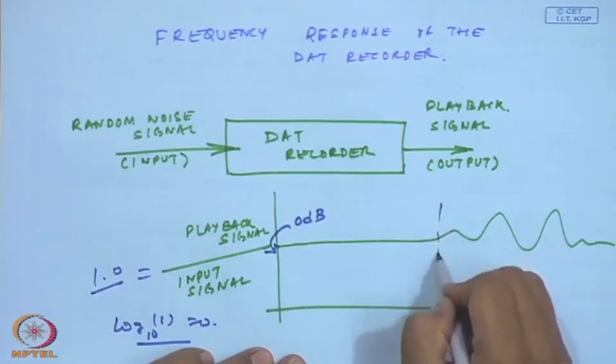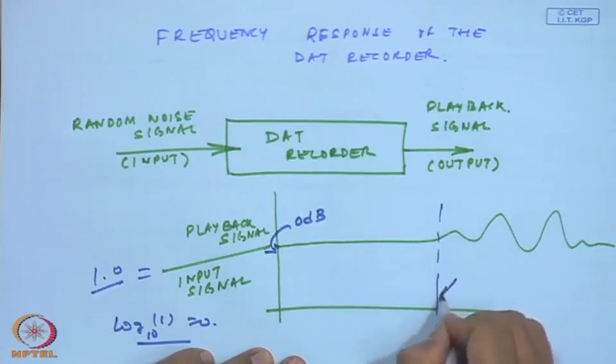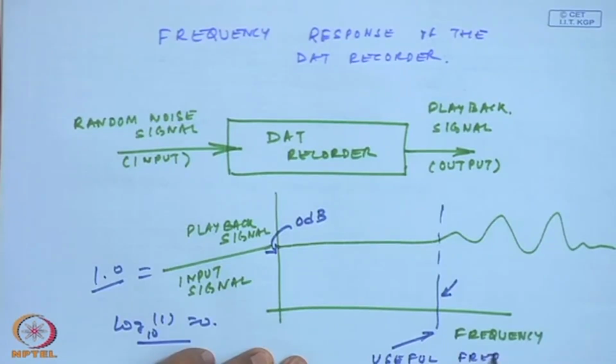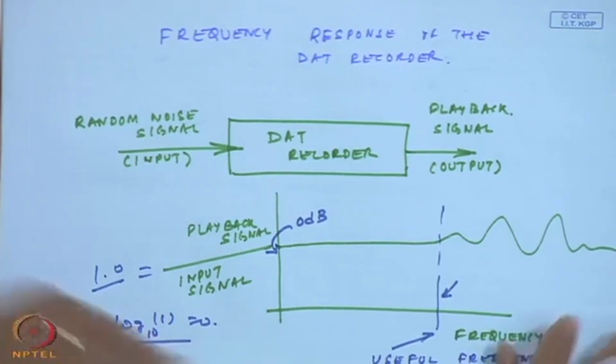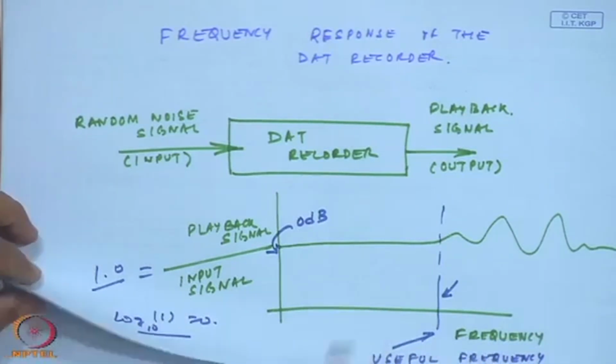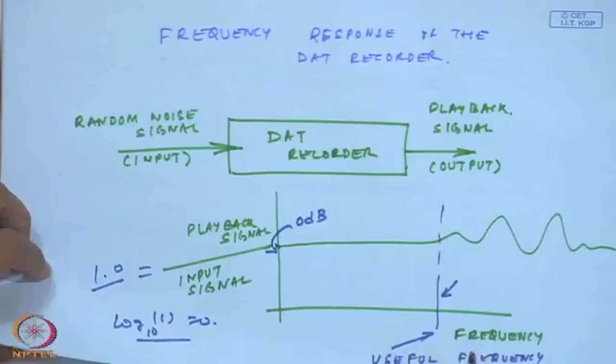So, this is the useful frequency limit of the signal. A researcher actually does this check, but it's a good idea to check it out.